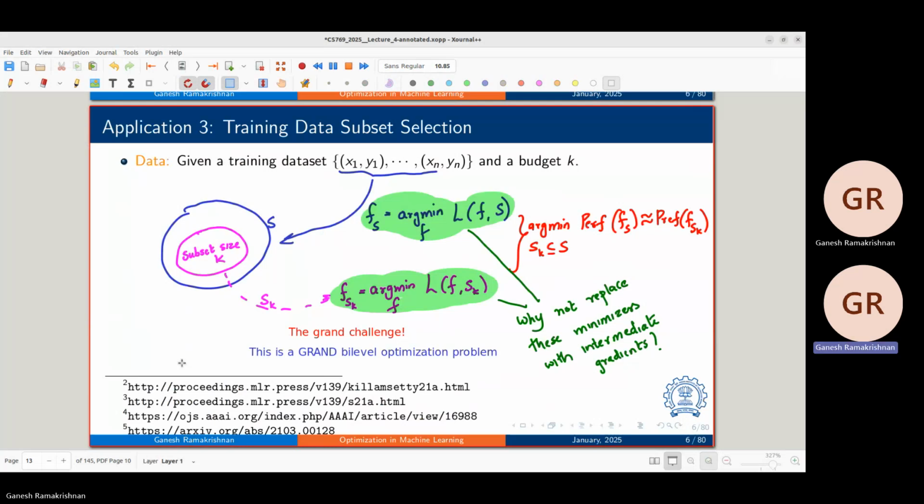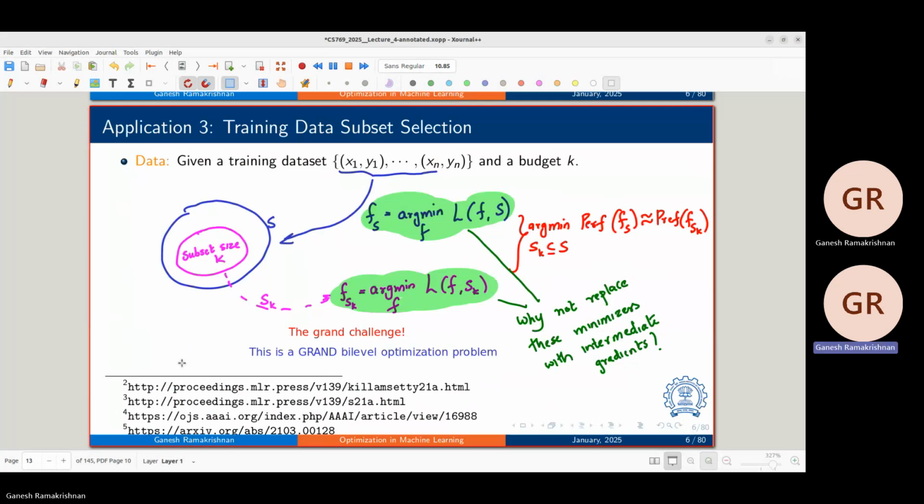Fs, for example, could be that function which minimizes the loss on the entire set S. Fsk could be the function that minimizes the loss on a subset. So what you're basically trying to say is, give me a function that gets similar losses, in the hope that the performances with these functions will be the same.